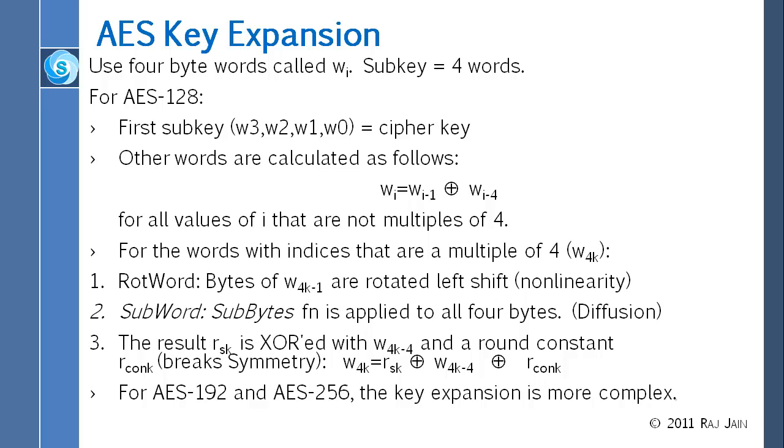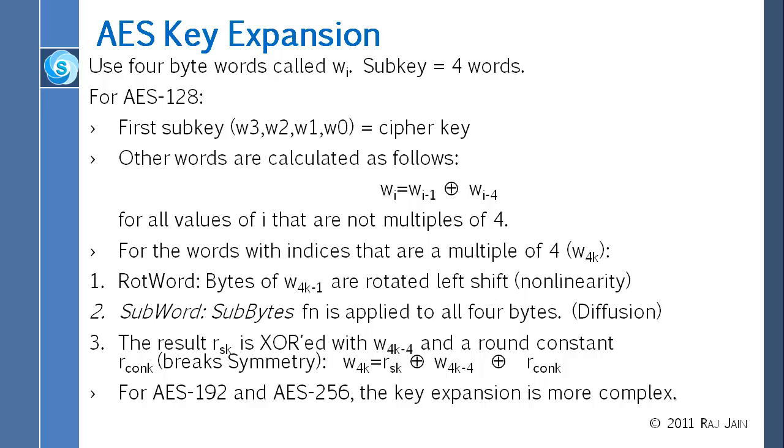So you take one column exclusive OR with some other column and you get the new column value. Sorry, I'm sorry, this is for every round. I'm sorry, it's not the K, I is not the round number. Basically, this is for the words which are not multiple of 4. For the words which are multiple of 4, then you do this.